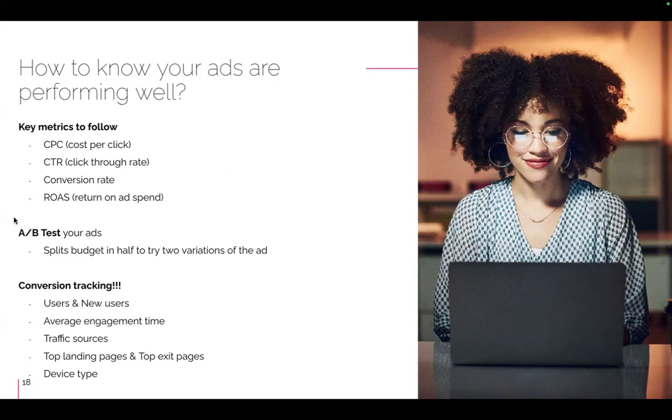Then finally, I wanted to introduce you, if you haven't tried A/B testing before. A/B testing is something where you split your ad into two using the same budget so that you can see which one is performing better. So let's say, from the very beginning, I used an example of shoes.